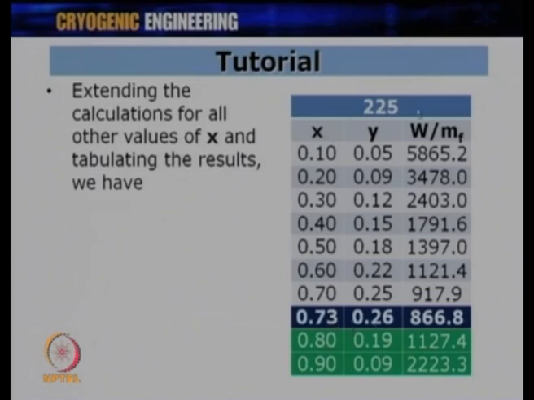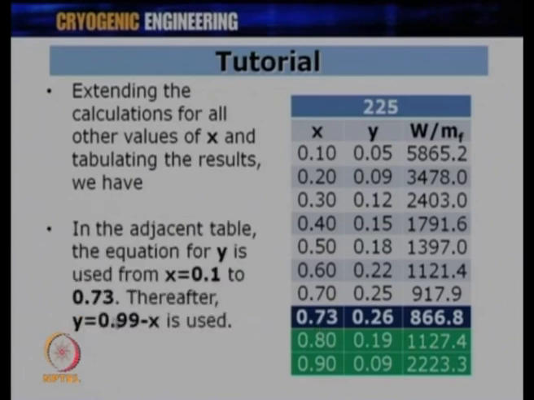So, you can see that when x is increased from 0.1 to 0.73, y goes on increasing and meets a limiting value of 0.26, after which, if x goes on increasing, I cannot use the earlier expression because x plus y happens to be more than 1. In that case, we have used the limiting value of x plus y equal to 0.99, and therefore y has been calculated as 0.99 minus x.